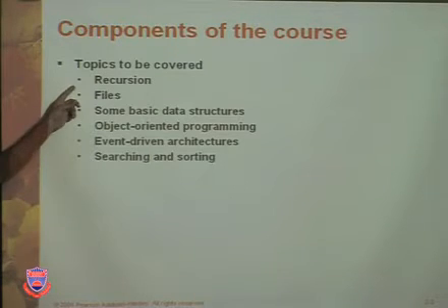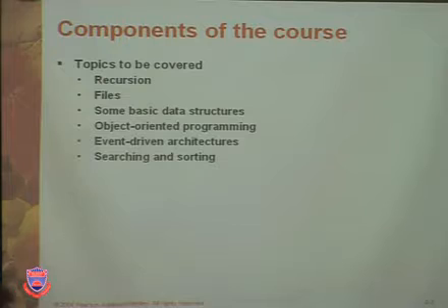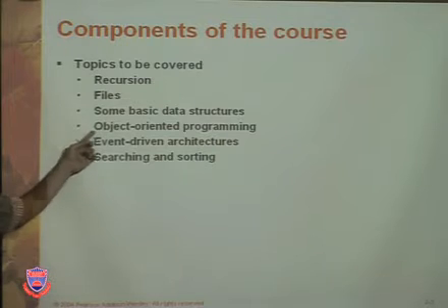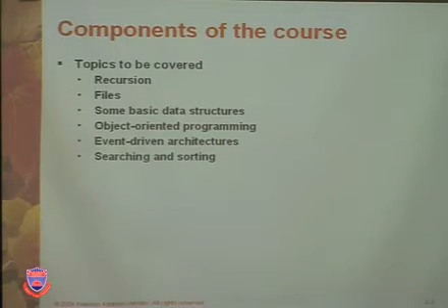We will go into recursion and deal with files: how to open a file, read a file, write a file, and input-output operations using files. We will also go into some basic data structures such as trees, queues, and related data structures. And we will go into details of object-oriented programming.